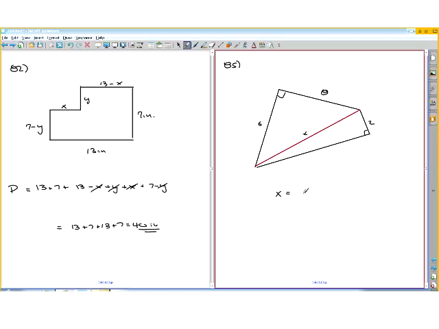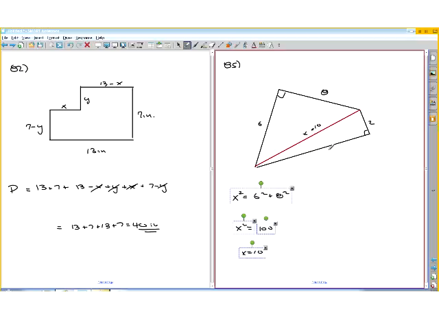So x squared is equal to 6 squared plus 8 squared from the Pythagorean theorem. So x squared is equal to 36 plus 64, which is 100. So you take the square root, x equals 10. So that's 10. And then we use the Pythagorean theorem on the second triangle.